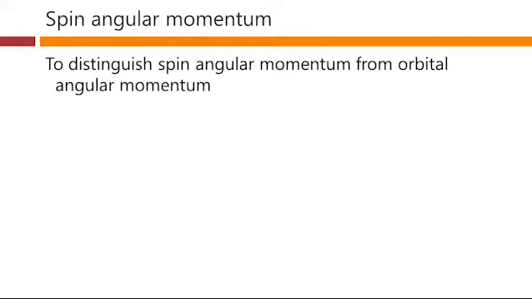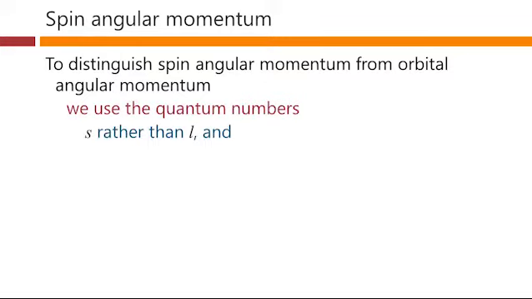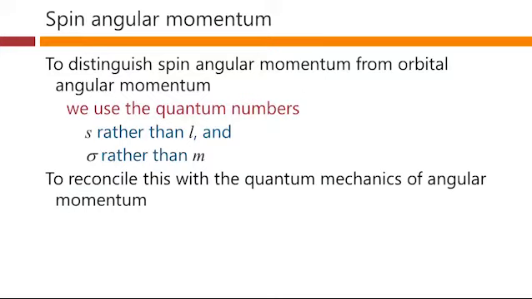To distinguish spin angular momentum from orbital angular momentum, we will use the quantum numbers s rather than L, and sigma, that's the Greek letter sigma, rather than m. To reconcile this with the quantum mechanics of angular momentum, to get 2s plus 1 equal to 2, we would need to have s equal to a half.